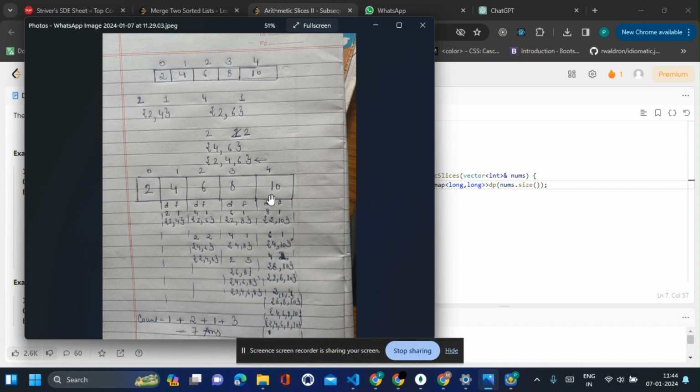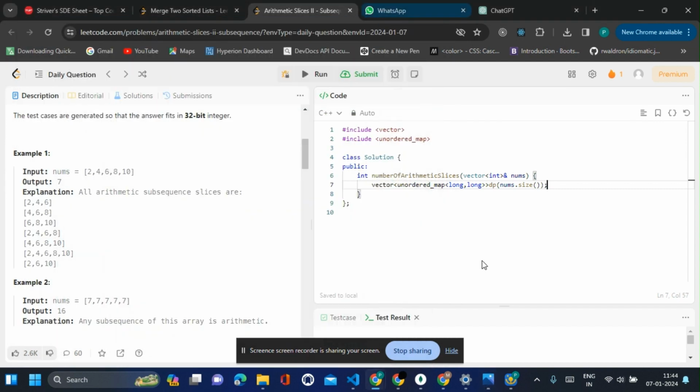So this is the vector and we will store these maps at these vector positions. This similar kind of data structure we will use for our dp. This is our count variable in which we will store our answer.